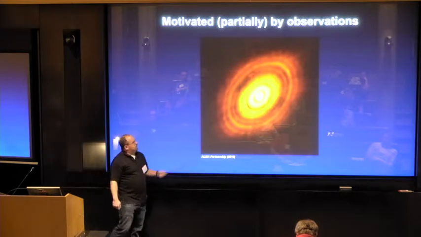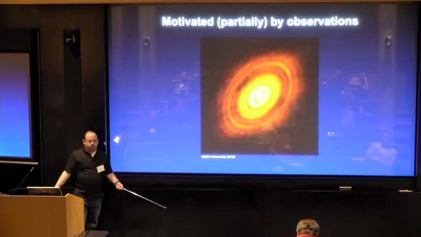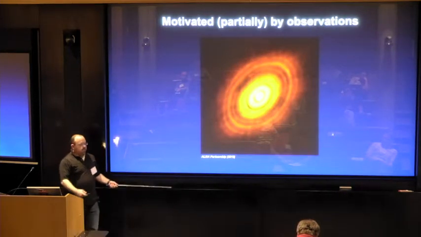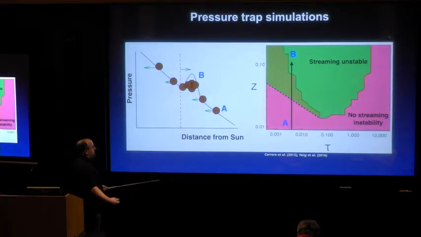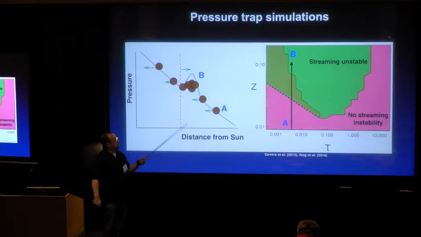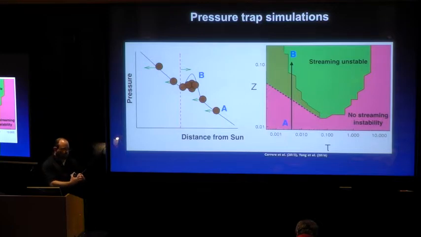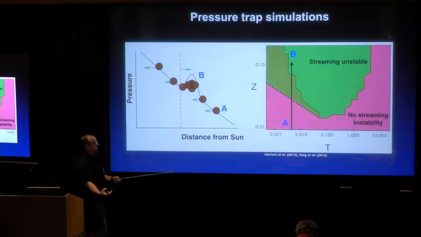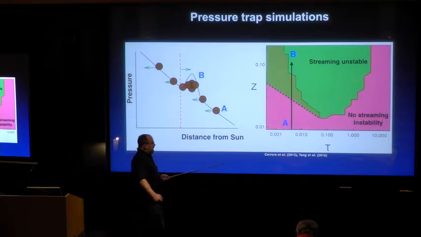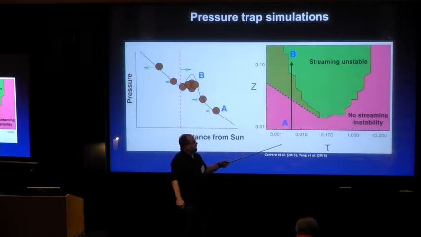Just to motivate it further, we know that these pressure traps exist in disks, and they're trapping dust particles. The notion here is that we all know pebbles drift towards pressure maximum, but it could be that they get to pressure maximum and just collapse due to gravitational instability without even going through the streaming instability, but they might also go through the streaming instability process.